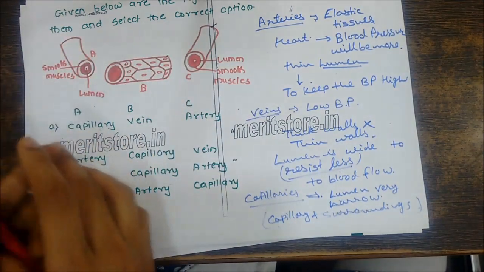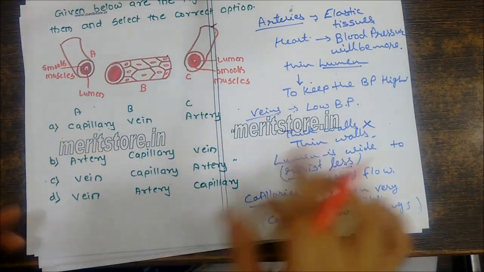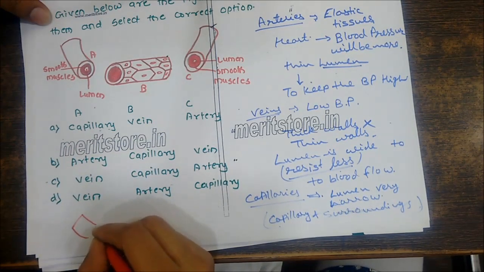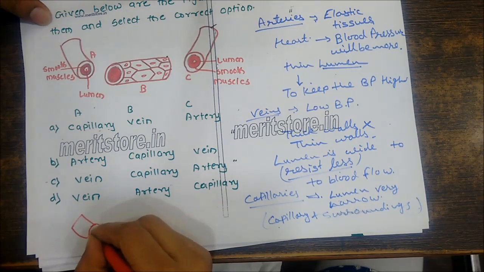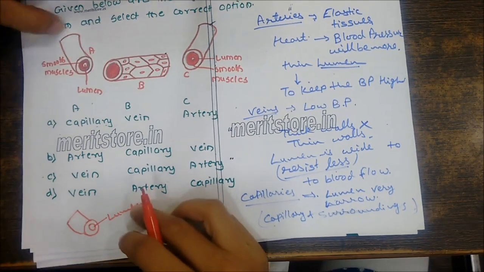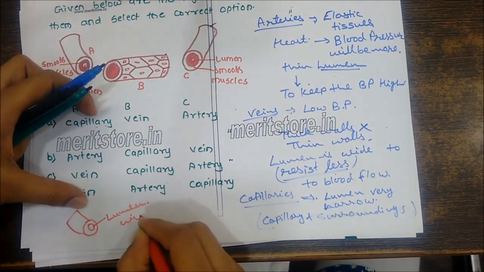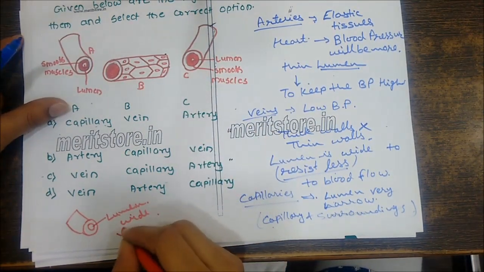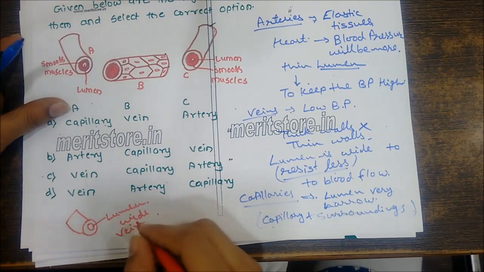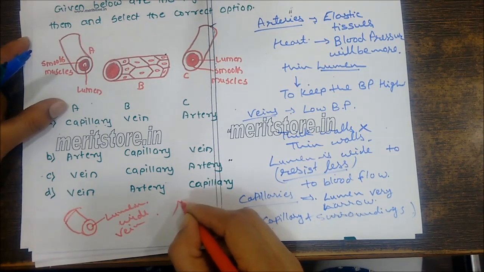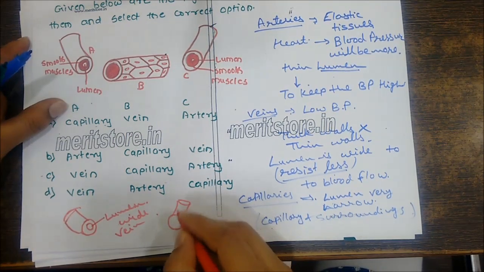So the structure of this will become like this. The lumen is very big, a wide lumen, and in this structure, this is the vein, and this is the artery.